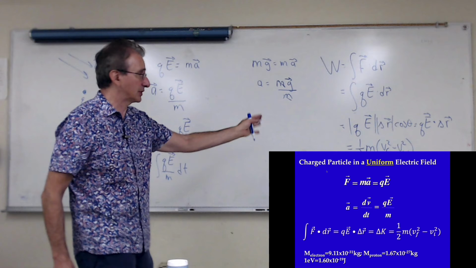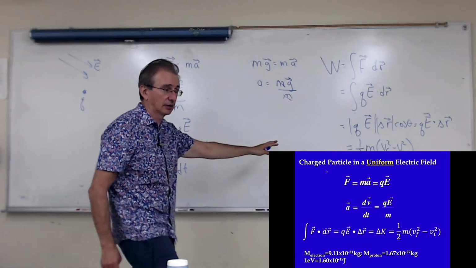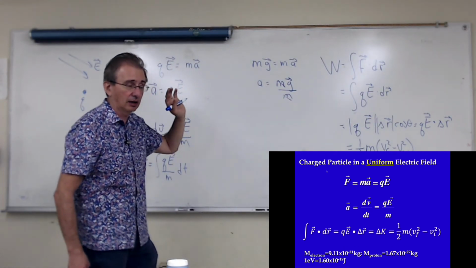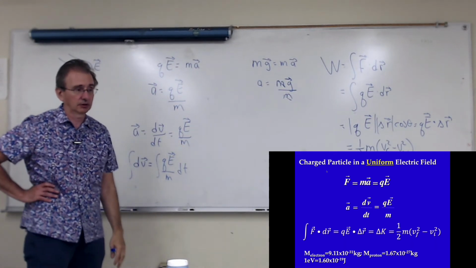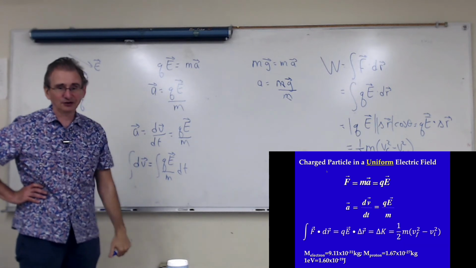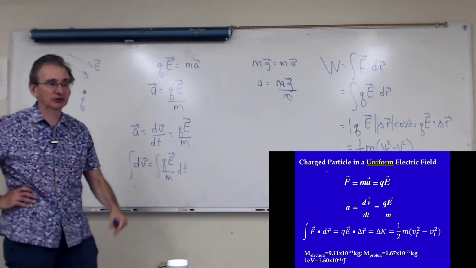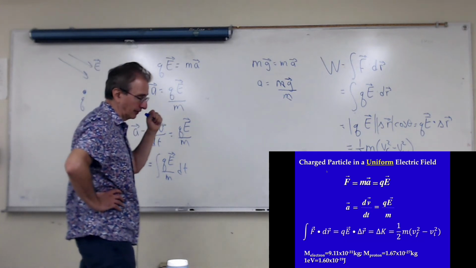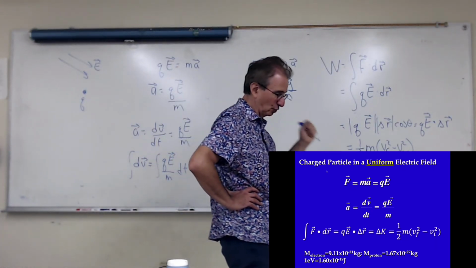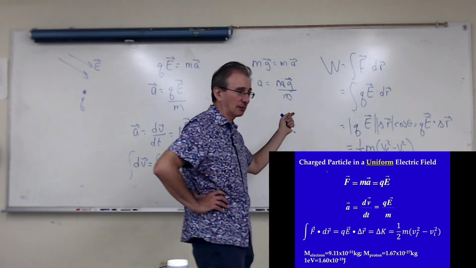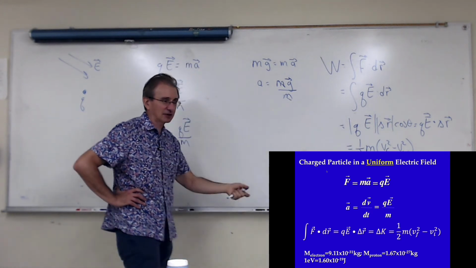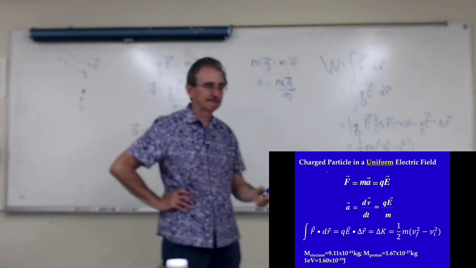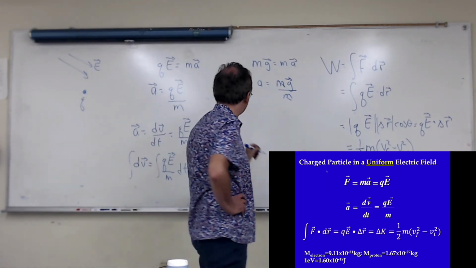And one of the homework problems has you go through this calculation for a charged particle in a uniform electric field. I also list in your notes there the mass of the electron and the mass of the proton, but we've talked about that already. Since the unit of joule is small for these kinds of problems because electrons are light, protons are light, we introduced the electron volt.